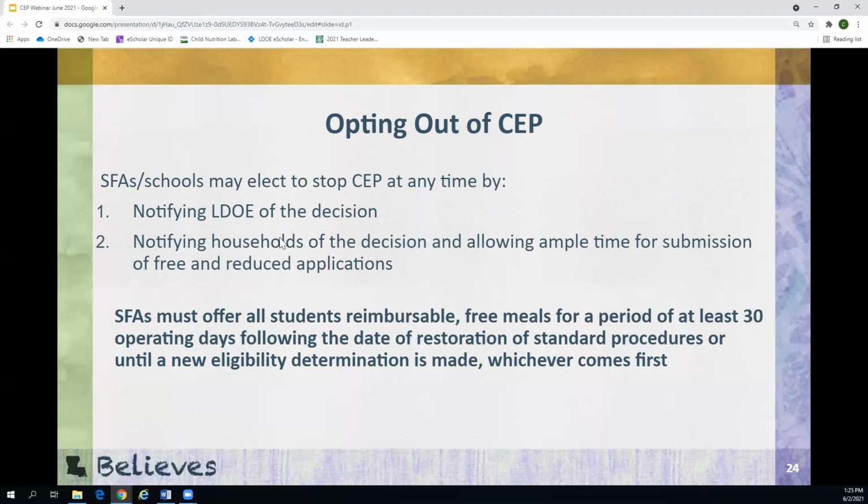The only requirements are that they notify us at LDOE of that decision, and also that they notify households of that decision and allow ample time for submission of free and reduced applications. SFAs must offer all students reimbursable free meals for a period of at least 30 operating days following the date of restoration of the standard procedures, or until you have a new determination for that child.